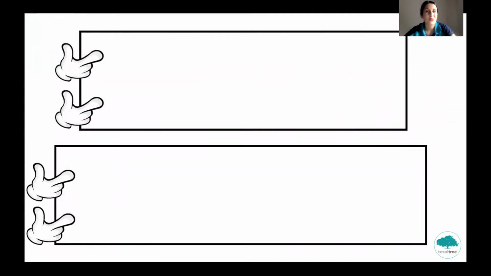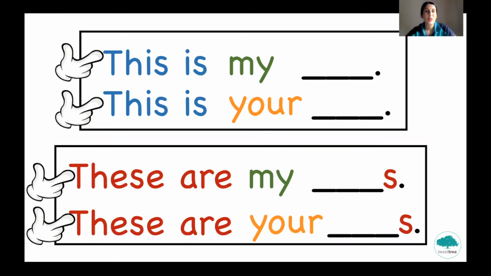So, P2, for the next part of our lesson, I want you to review the grammar part about this is and these are, about my and your. I will explain one more time how to use it. We use this is when we talk about only one object.